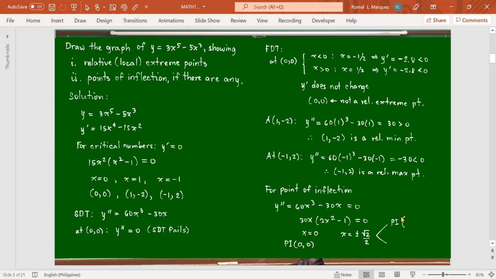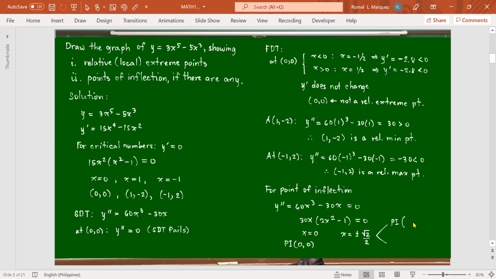Square root of 2 over 2 is what? Point something, no? So, raise natin sa 5 to get the corresponding y. Times 3 minus 5 times square root of 2 divided by 2. I-raise natin sa 3.